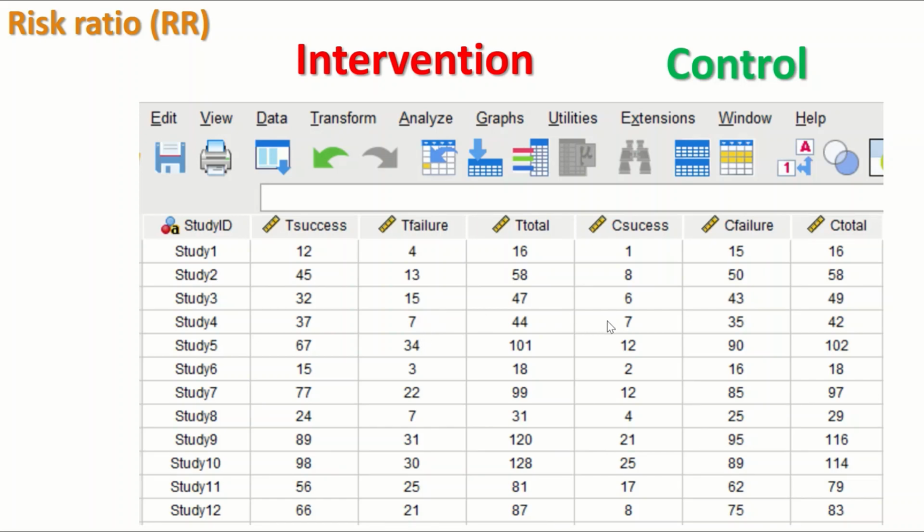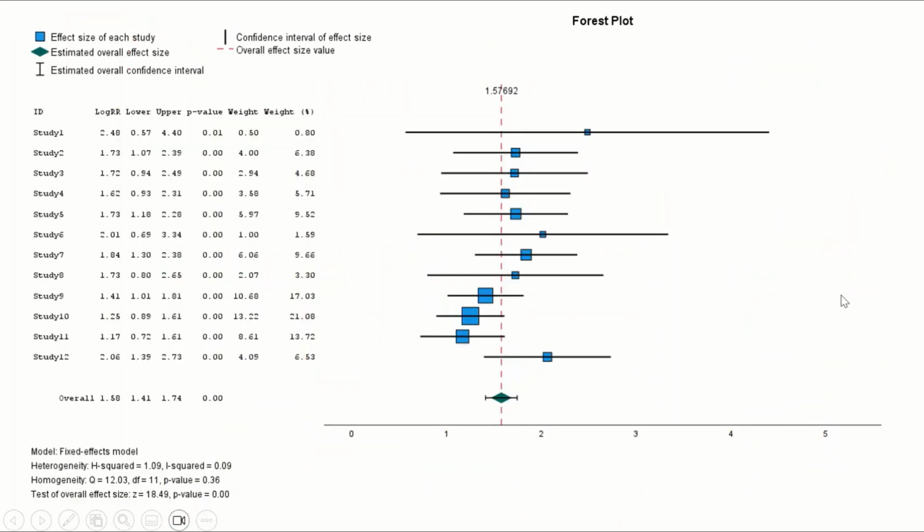And once the meta-analysis is performed, the following forest plot is generated from the previous meta-analysis of the data. As shown here, the forest plot has 3 parts: the descriptive part, the diagrammatic part, and the overall effect size estimate with the heterogeneity test.